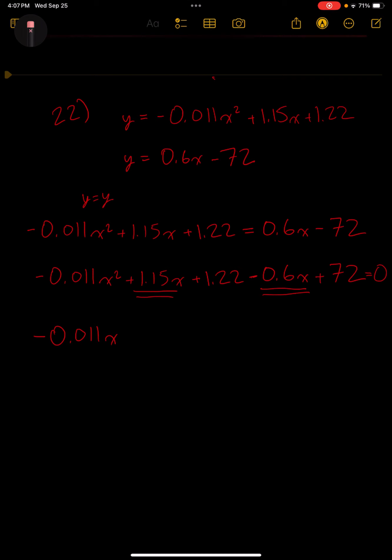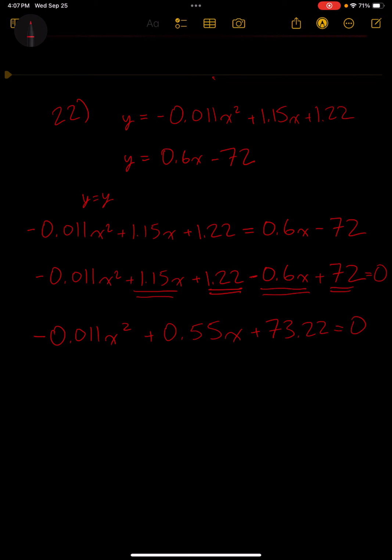So I get x squared, then 1.15 minus 0.6 is, I believe, plus 0.55x, and then plus, these two add up together, 73.22.